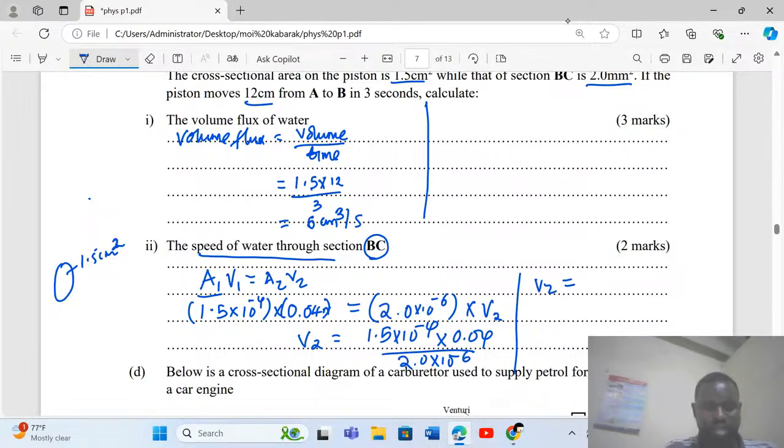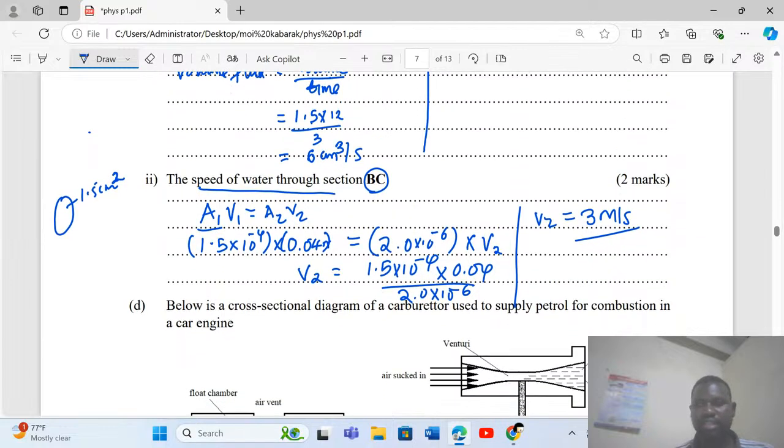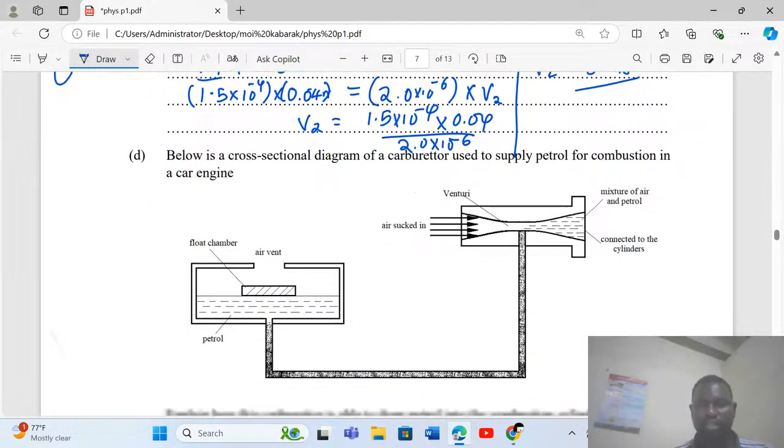Our V2 will be, finally, 3 meters per second. And if you look at that one, we can see an increase from 0.04 meters per second all the way to 3 meters per second, proving that we are very much correct.